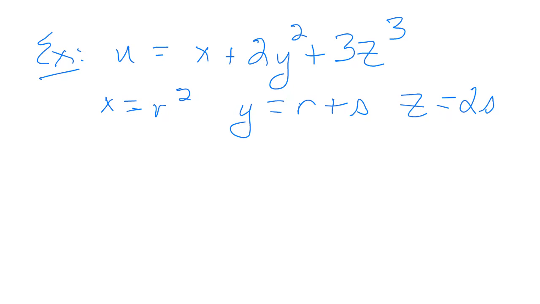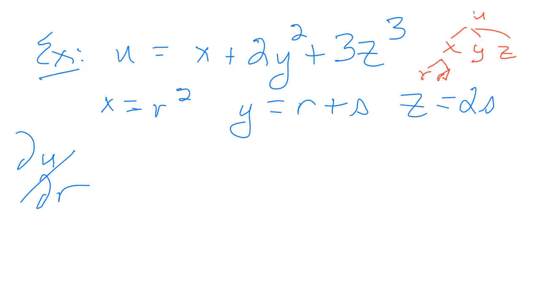So basically, if I want the partial of u with respect to r, let's do that one. So once again, I can use my little chart. I'm going to just put it here. So u, we got x, y, z. Instead of writing the whole thing out, I'll just do this, and this is r s, this is r s, and this is r s. We can use that as a visual, going from u to r each way, and then how you get there with the partial products.